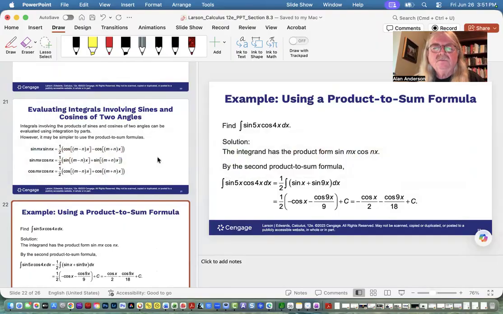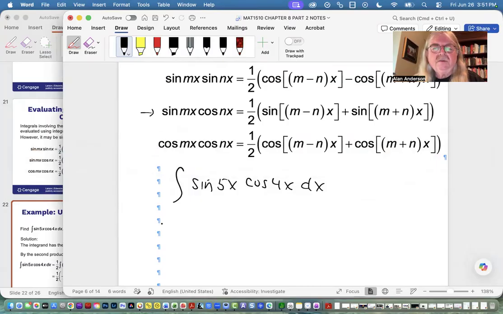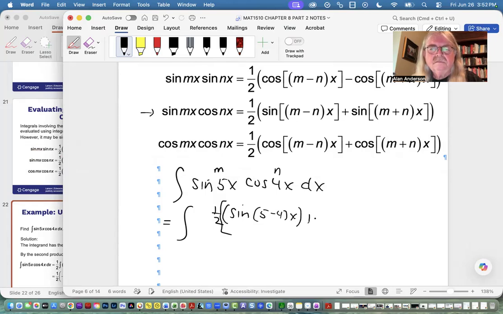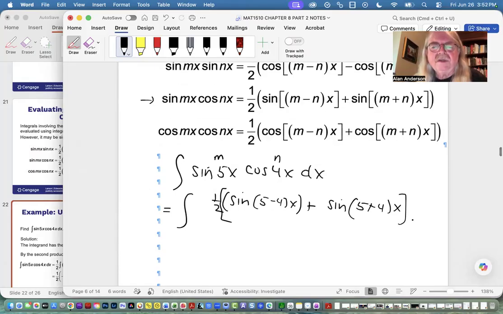So we could rewrite that as, so this is our M, this is our N. All right, so in other words, we have, I'll move this out here.